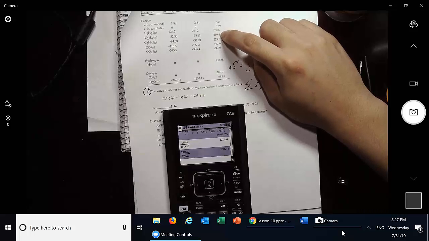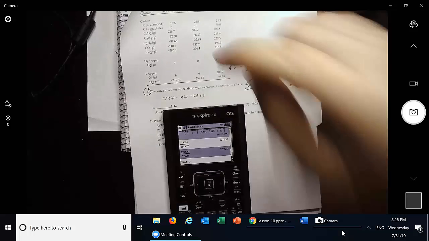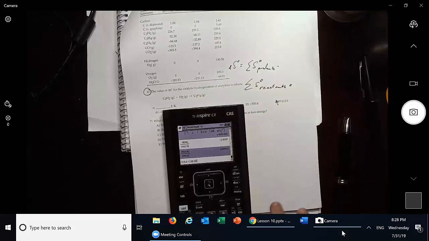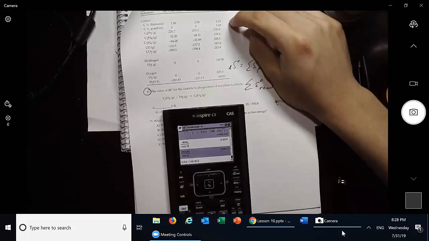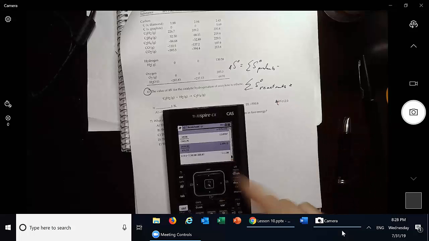C2H4 is right here. 19.4 minus the sum of the entropies of the reactants, so 130.58 plus 200.8 equals negative 112.